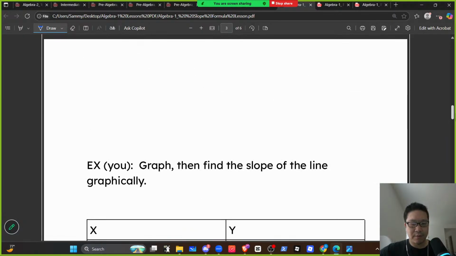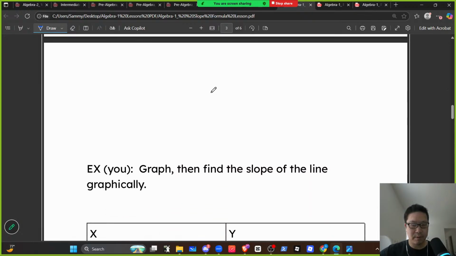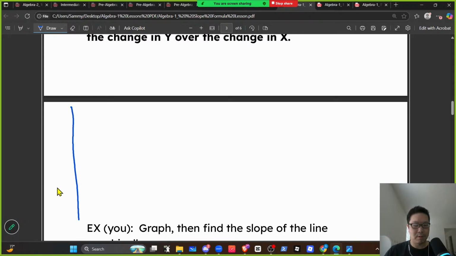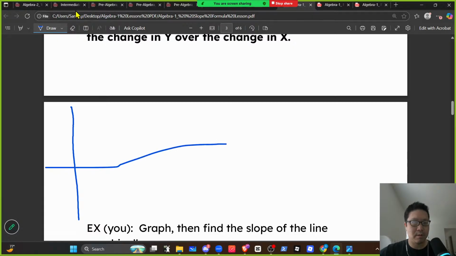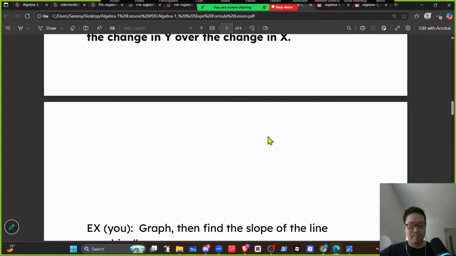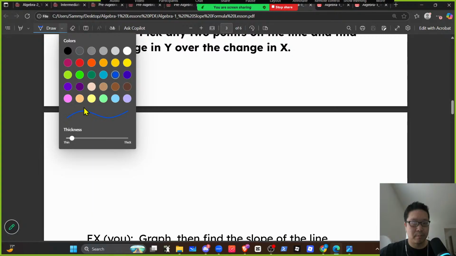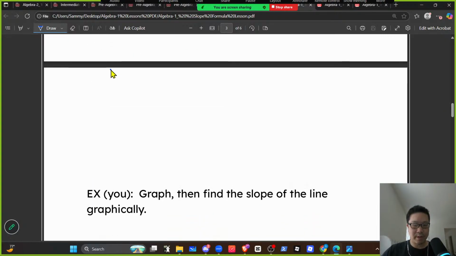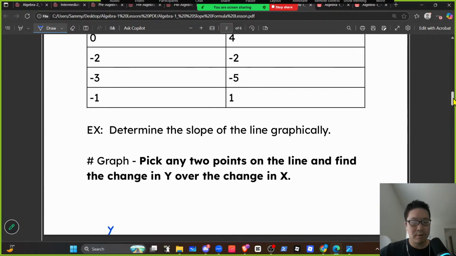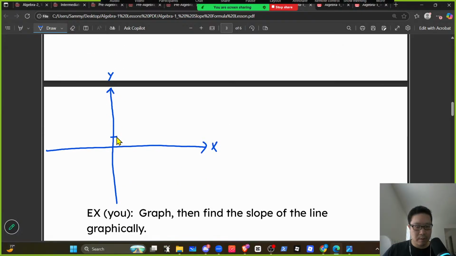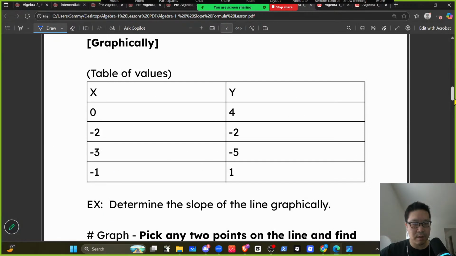So we would do 0, 4. It's right there. The second ordered pair is -2 and -2.